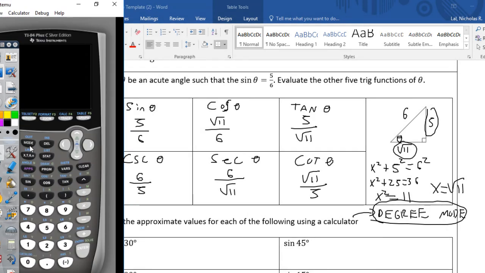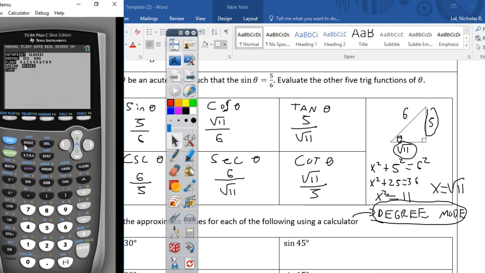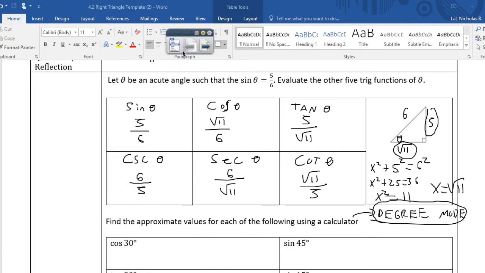First you have to turn the calculator on, and after you turn it on, you would hit mode, and then make sure you're not in radian mode, but that you're in degree mode. The tangent of 90 degrees, you should find that it's undefined.